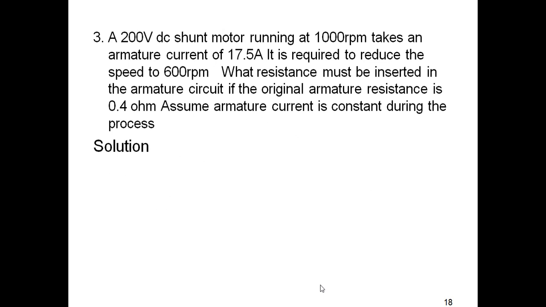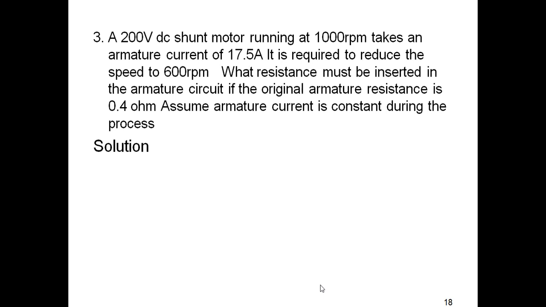Now let us see the next problem. A 200-volt DC shunt motor running at 1000 RPM takes an armature current of 17.5 amps.